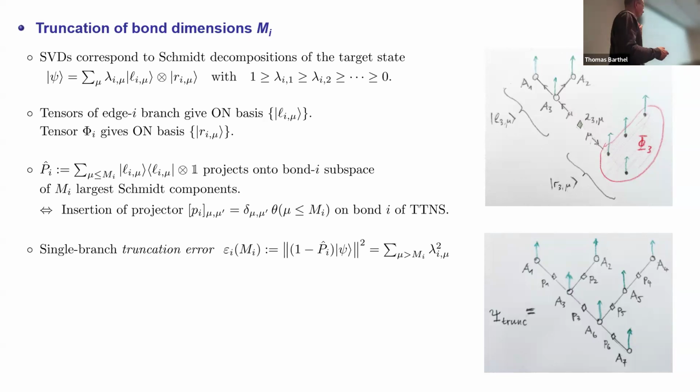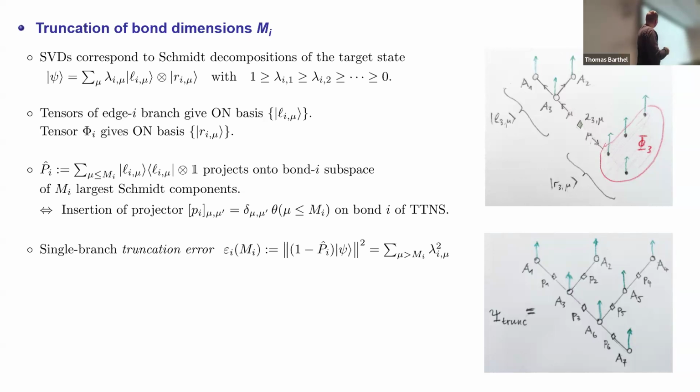If you want to get from our exact tree-tensor network representation to a useful one, or let's say a truncated one with a finite bond dimension, because usually we want to drastically truncate the bond dimensions, we can achieve this from this representation by applying these projection operators, where we project onto the M_i largest Schmidt coefficients.